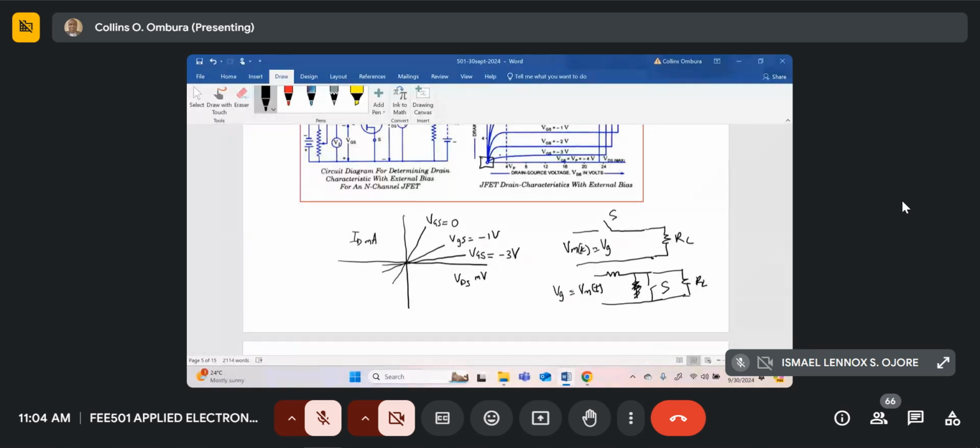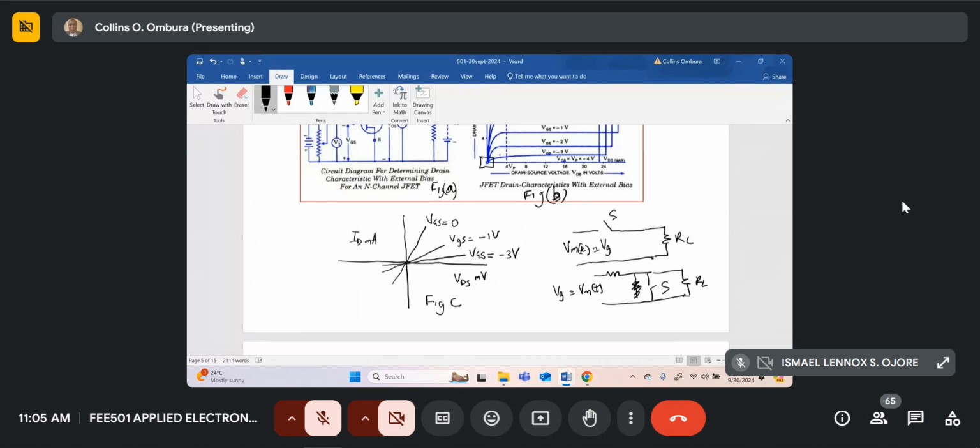So the characteristic curve near the region is this figure, let's call it figure C. If this was figure A, this is figure B. So we're operating near the origin.